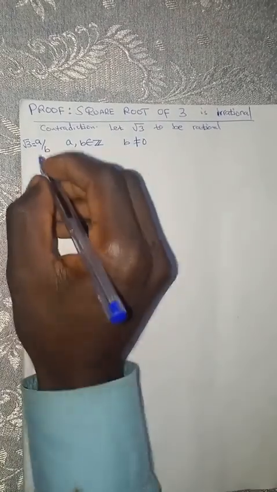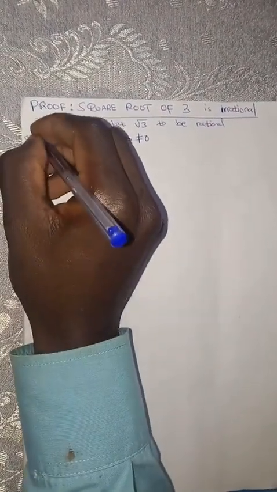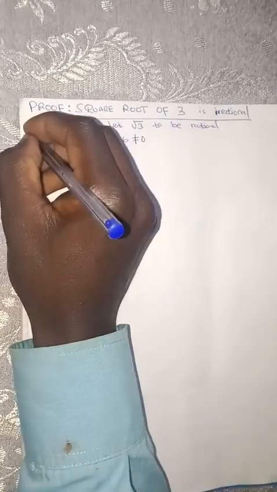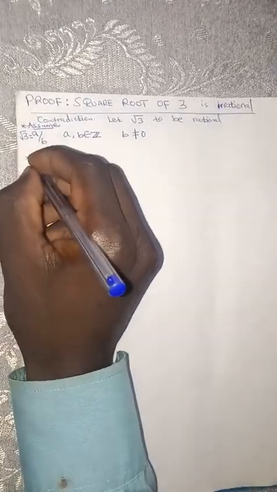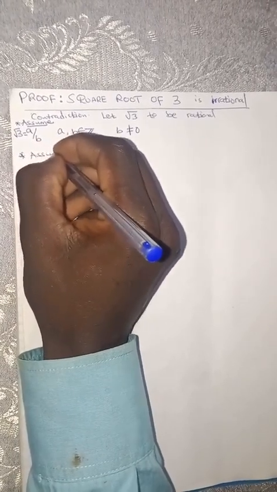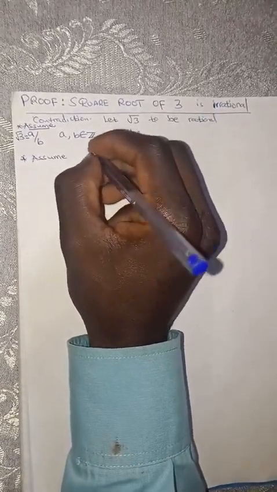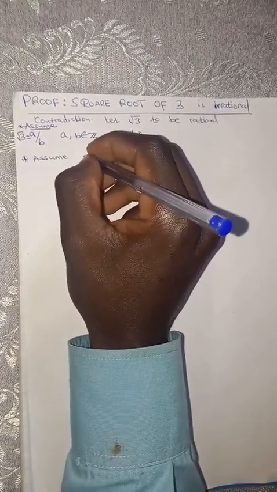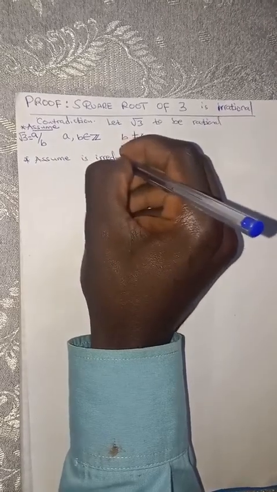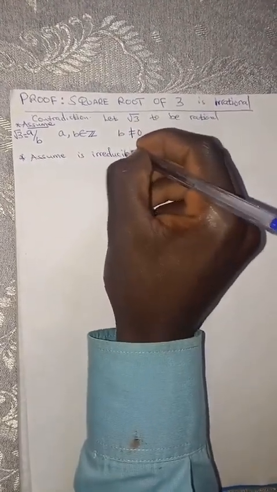The first assumption we make is that it can be represented as a fraction. It is rational. The second assumption: assume it is irreducible. What do we mean by saying it is irreducible?